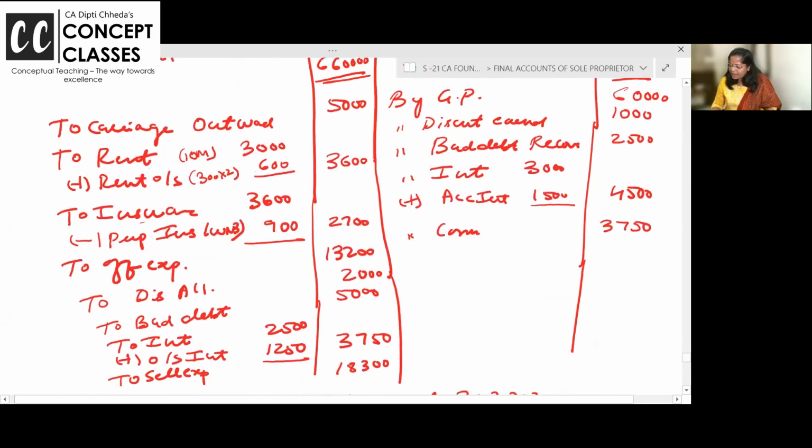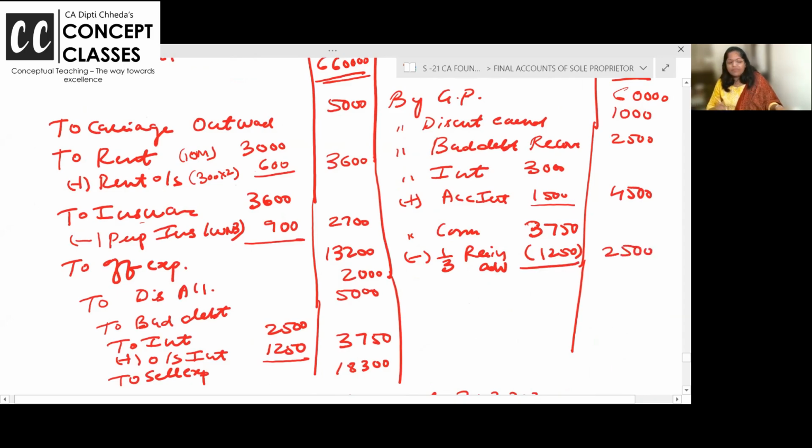Commission, you have taken it in the outer column. 3,750, cancel it and write it in the inner column. 3,750 is your commission, minus 1/3 received in advance, 1,250. So 2,500 will come outside.